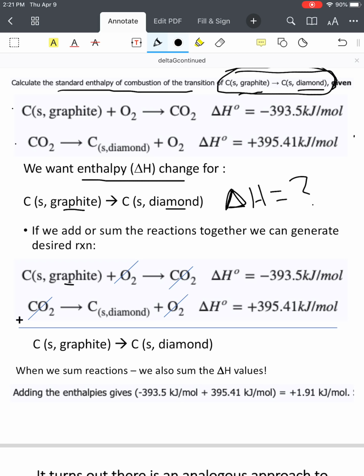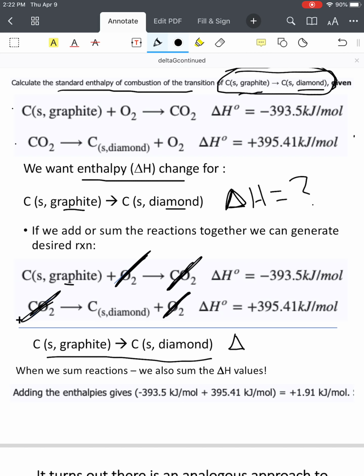Now, if I add those two together, CO2 is a product here, but it's a reactant here, one copy on each side of the arrow. Similarly, in my first reaction, oxygen is a reactant, but then down in my second reaction, it's a product, one copy of each on either side of the arrow. So if I add together reaction 1 and 2, in fact, I get my desired reaction.